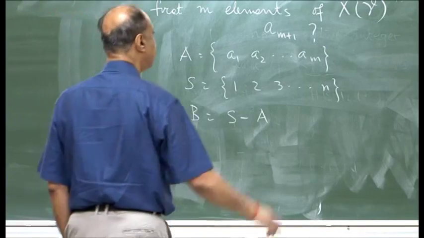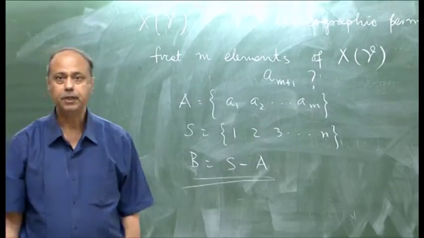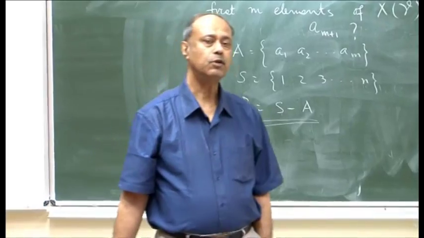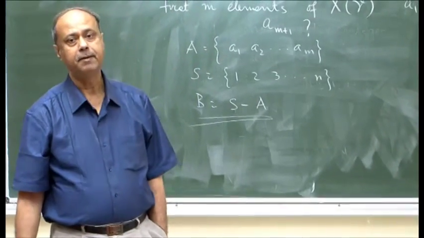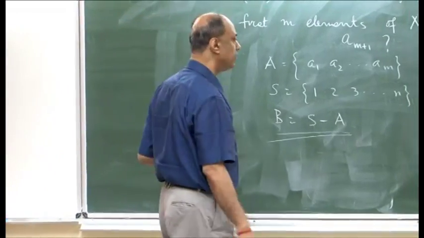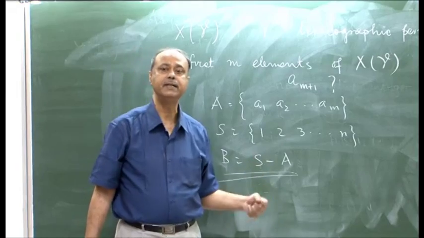This K is nothing but the kth smallest element in B, because B is the set which contains all the elements which are not in A but in S.